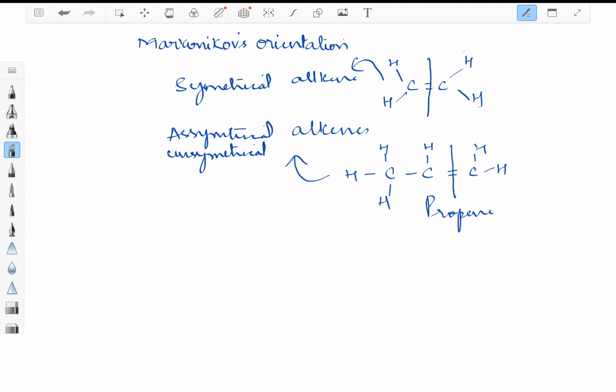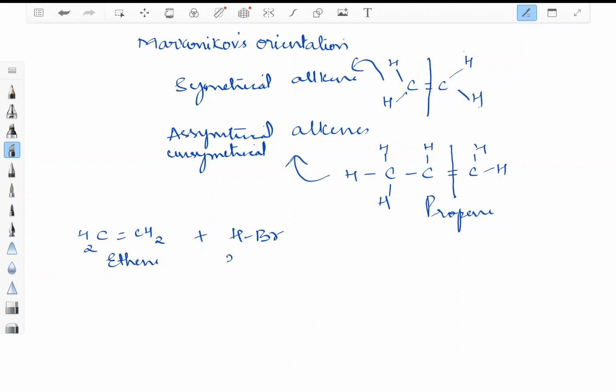Now, with the help of an example which we'll use here, CH2 double bond CH2, this is ethene or ethylene, reacts with HBr. HBr is hydrobromic acid, your hydrogen bromide.